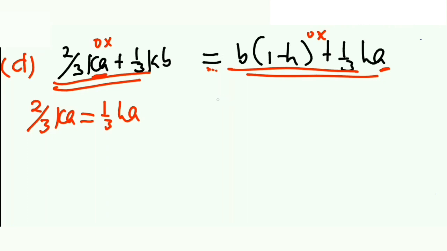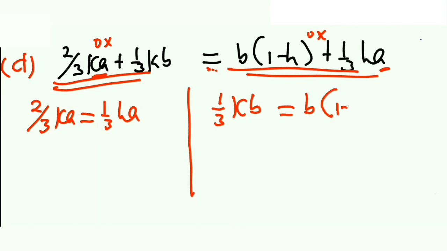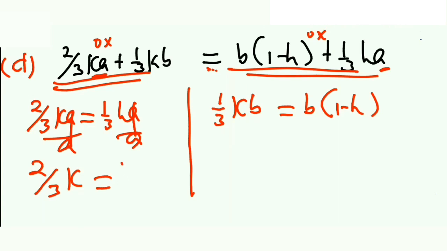Then 1/3 KB equals B, open bracket, 1 minus H. Then at this stage, you have to divide by A. So it's 2/3 K equals 1/3 H. So this is equation 1. Then here we have to divide by B.